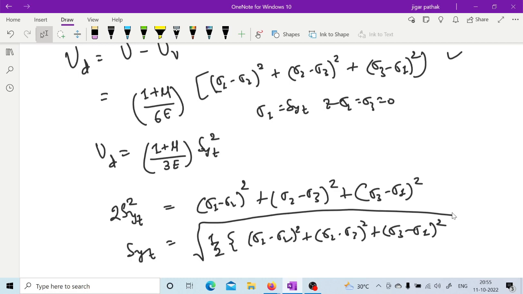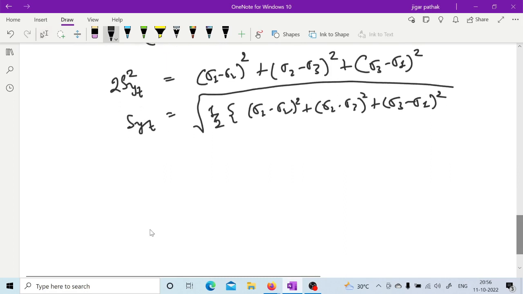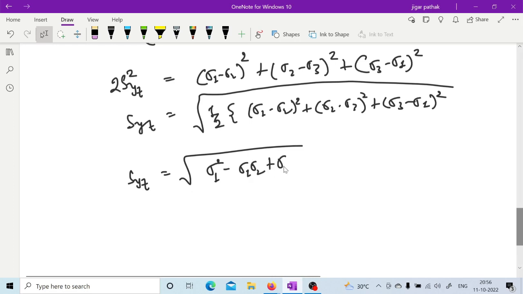Now if you consider a biaxial state of stress, sigma 3 is 0, so you end up with SYT equal to under root of sigma 1 square minus sigma 1 sigma 2 plus sigma 2 square. So this is how you get this equation.